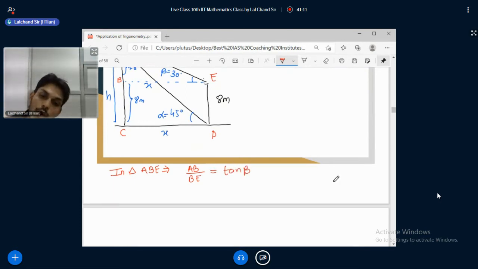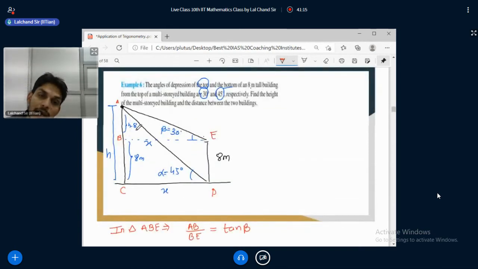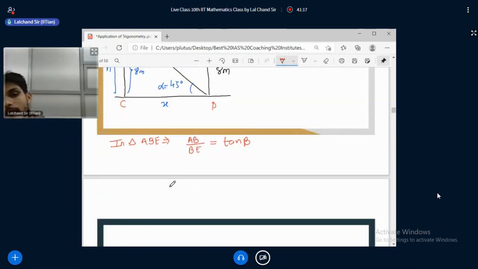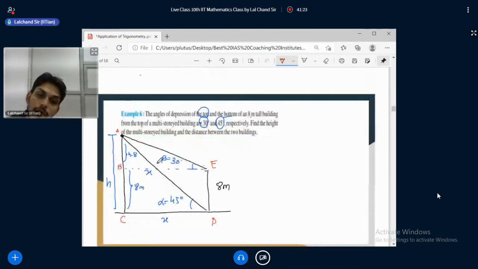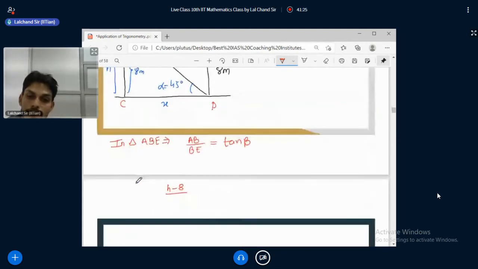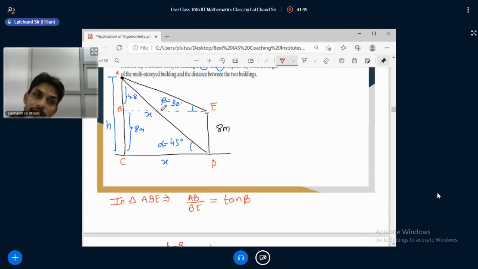Okay, so if we substitute all values here, what is the value of AB? AB value is h minus 8 divided by BE. What is the value of BE? BE value is x unit, and that is equal to tan beta. What is the value of beta? Beta value is 30.